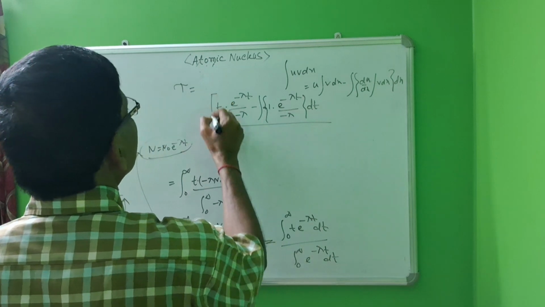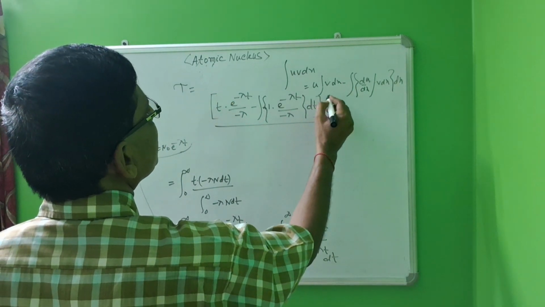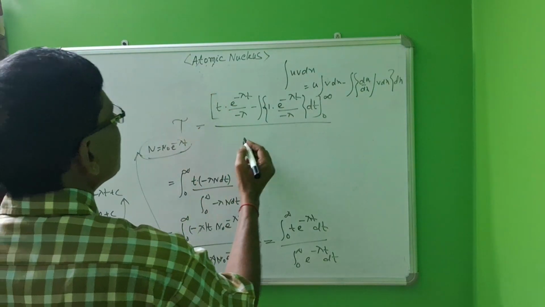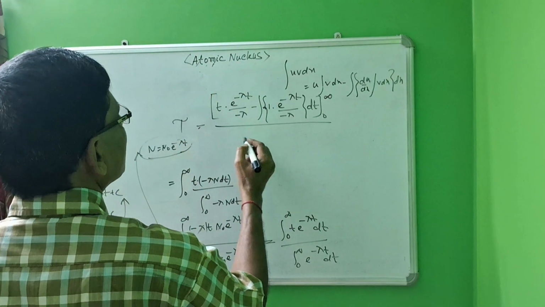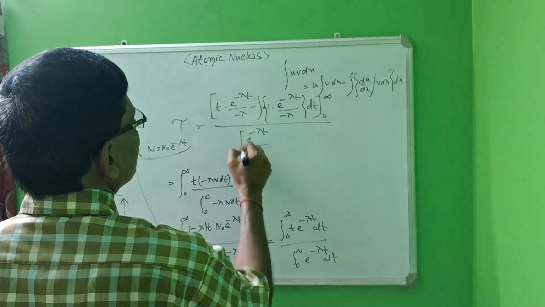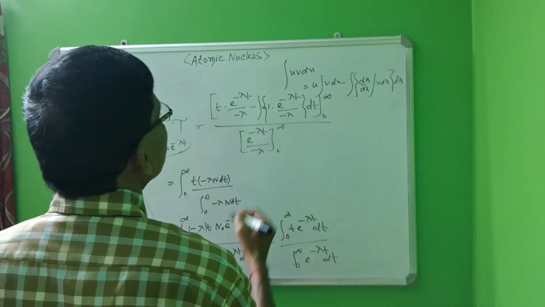The limits are 0 to infinity, and this equals e to the power minus lambda t upon minus lambda, also 0 to infinity.